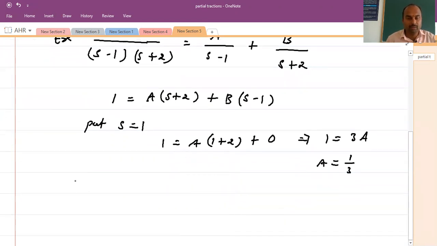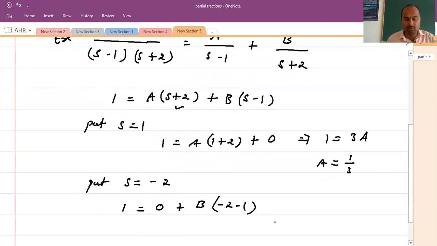Now to find the b, I'll substitute s is equals to minus 2. So left hand side is 1. A into minus 2 plus 2, this term becomes 0, plus b into minus 2 minus 1, so 1 is equals to minus 3b. So what is b?